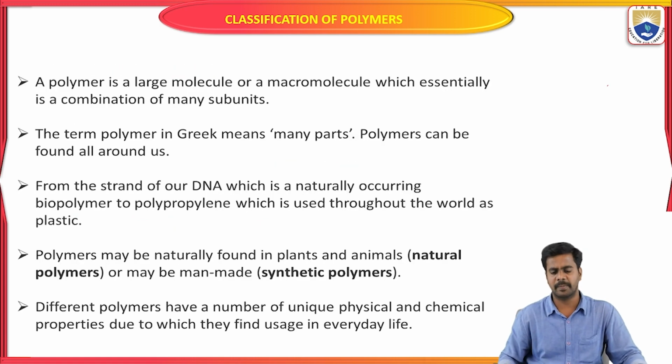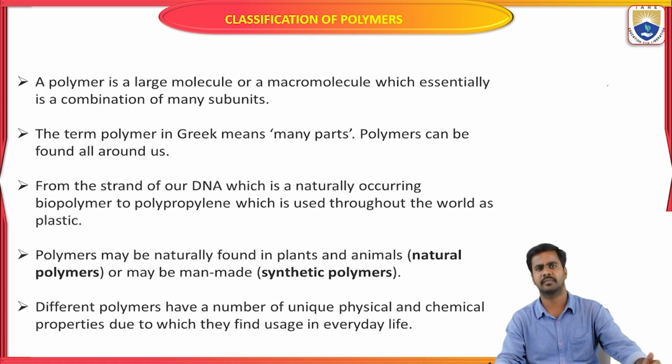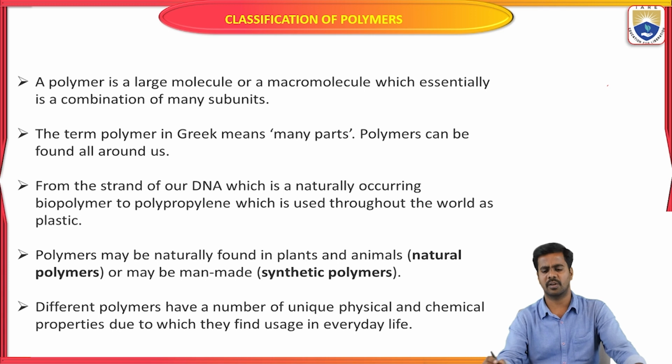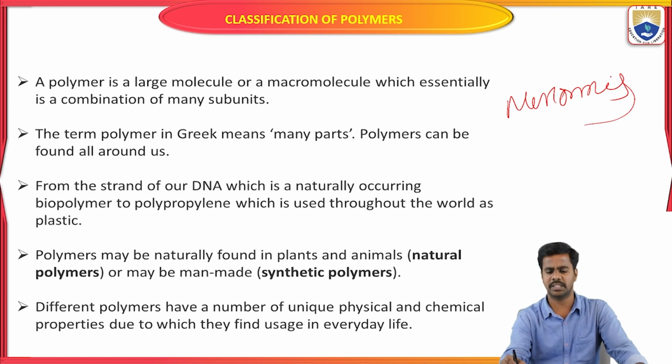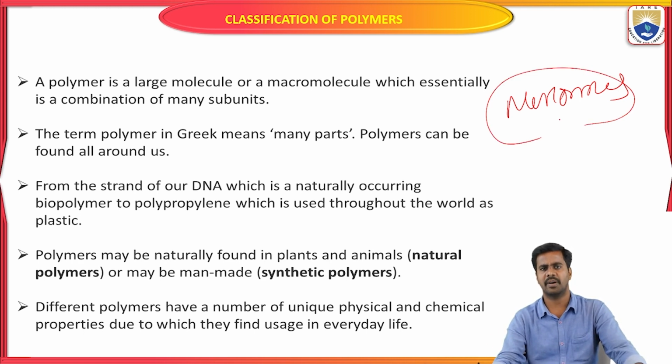Coming to the definition of polymer. A polymer is a macromolecule or big molecule which is formed by the combination of simple molecules. These simple molecules are known as monomers. These monomers are either the same or different, depending on the type of reactions.